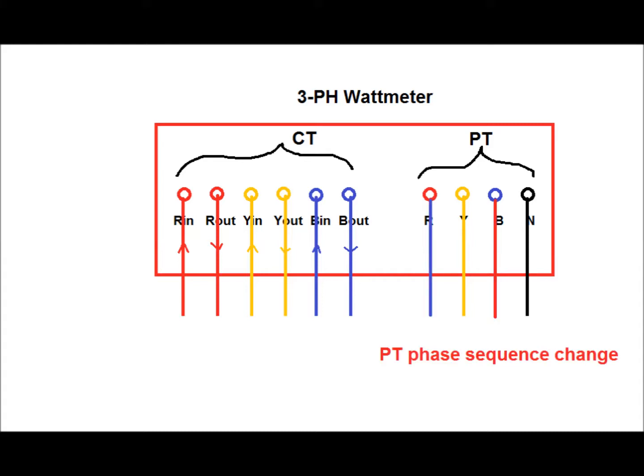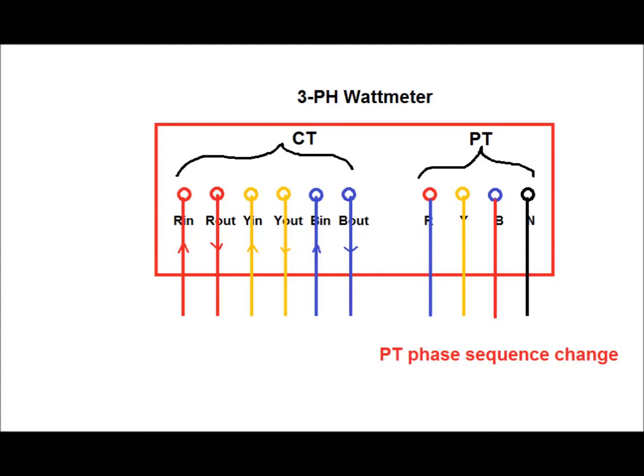Now in the power measurement circuit, the phase sequence of the PT input has been changed due to wrong connection. This mainly happens between the red and blue phases. That is, the red phase PT input is taken to the blue phase input in the wattmeter circuit, and the blue phase PT input is taken to the red phase in the wattmeter circuit.